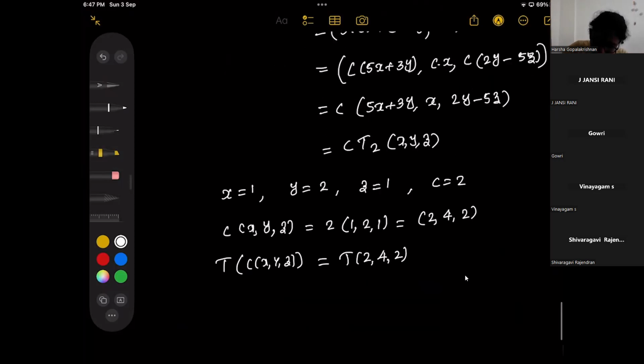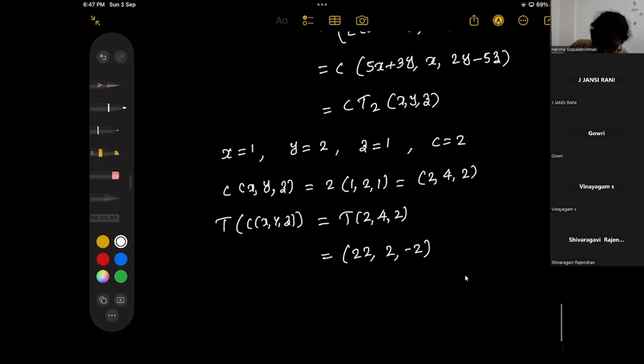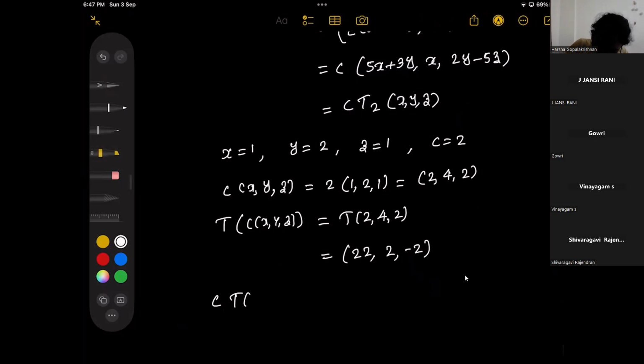By definition it is 5x plus 3y, so 10 plus 12, 22, and x, then 2y minus 5z, which is 4 minus 10, minus 6. Let me check the calculation. And C times T of x, y, z equals 2 times T of 1, 2, 1.